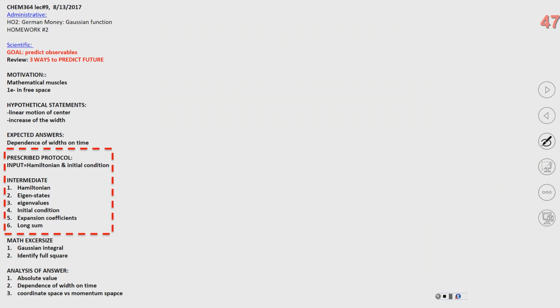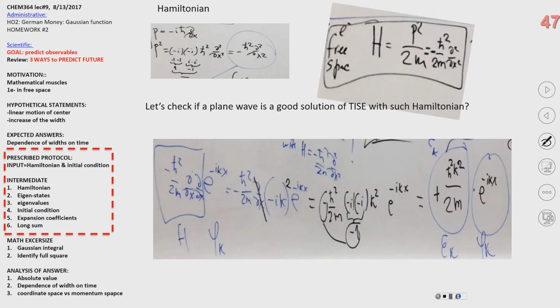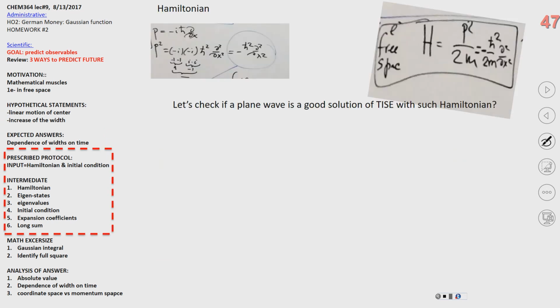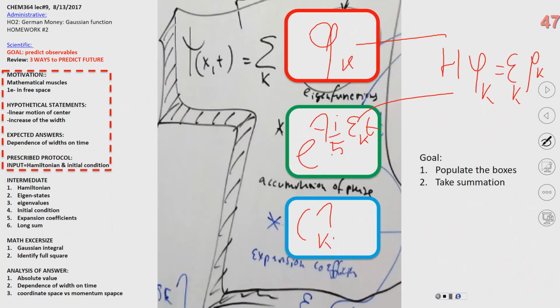So we already have the solution of the stationary state eigenvalue problem. So for our protocol, we already have something to fill inside the red box and green box.